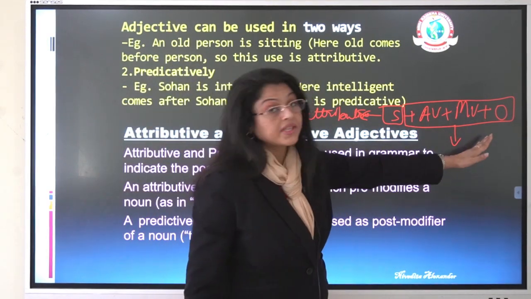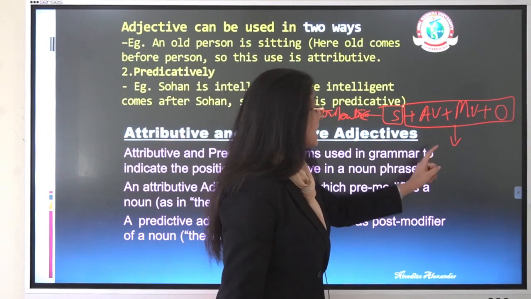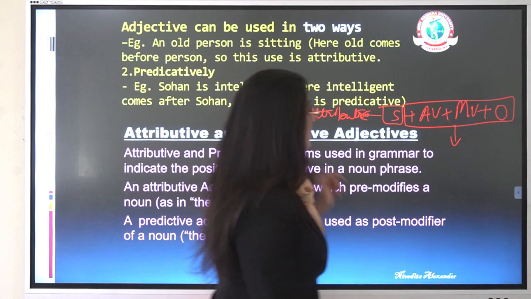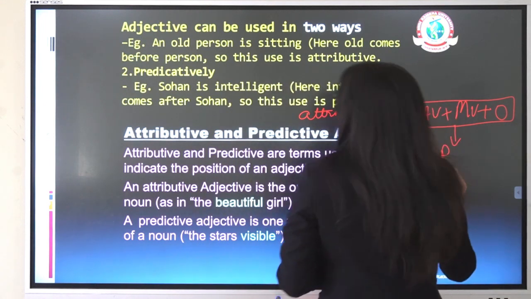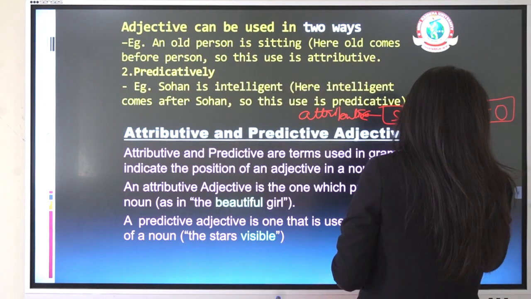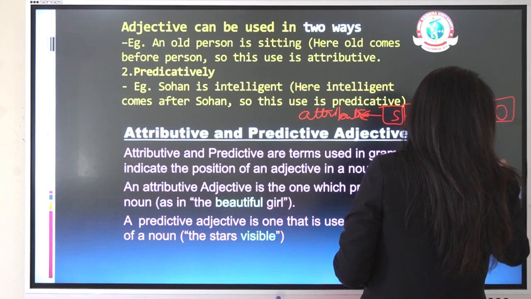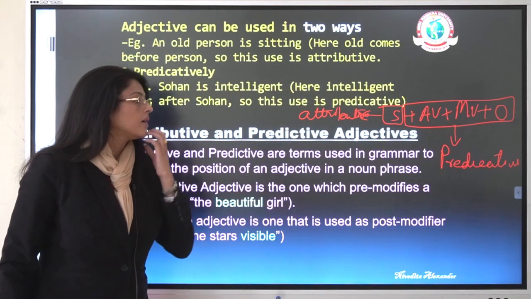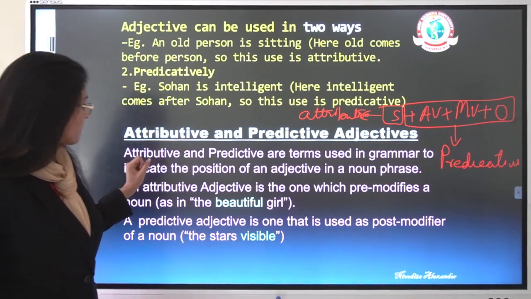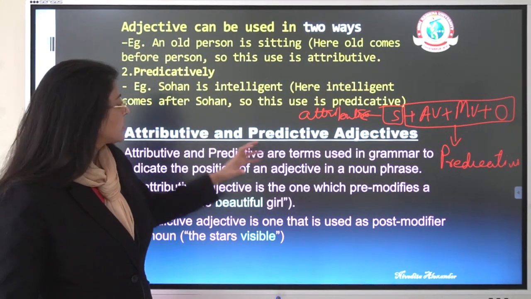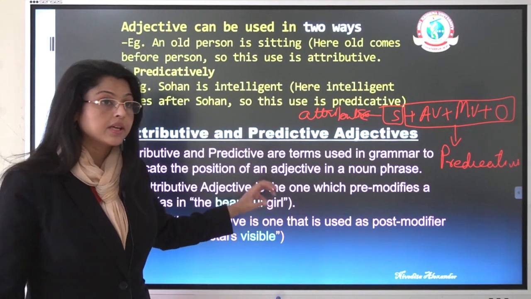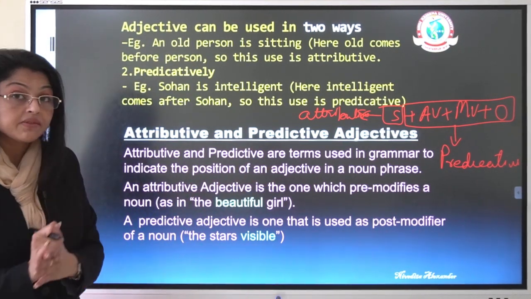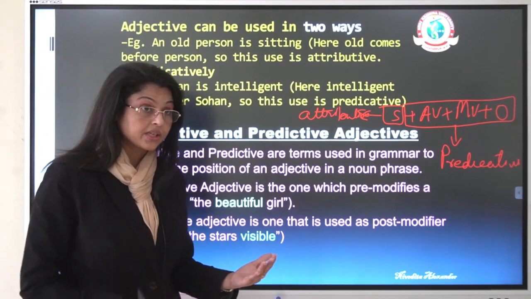The remaining part of the sentence is called the predicate, and hence if anything comes after the subject, that becomes a predicative part. Similarly, once you are able to make out which is the adjective, you have to understand whether that particular adjective is a predicative adjective or an attributive adjective.